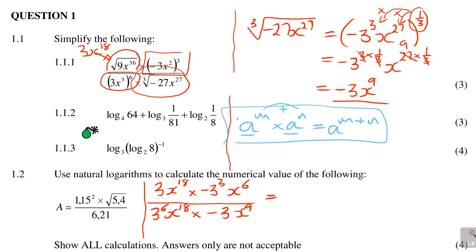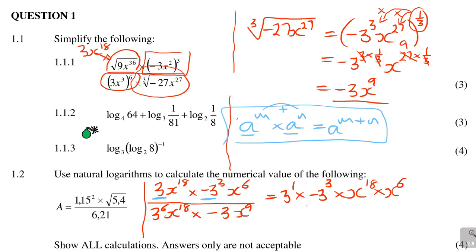So let's apply it. But how am I applying it? First, let's focus on 3 and 3 in this case. So in here, what I have, I'm going to write to say I have got 3 to the power of 1 times negative 3 to the power of 3, and then times x to the power of 18. See, I'm just regrouping or rearranging this, times x to the power of 6.